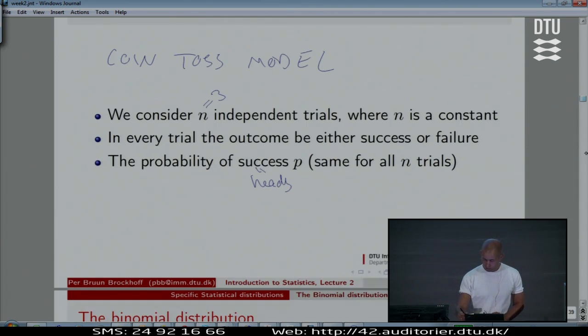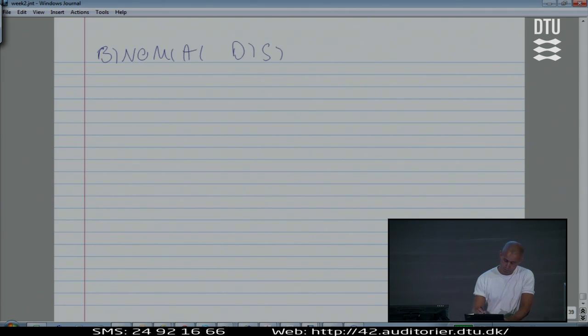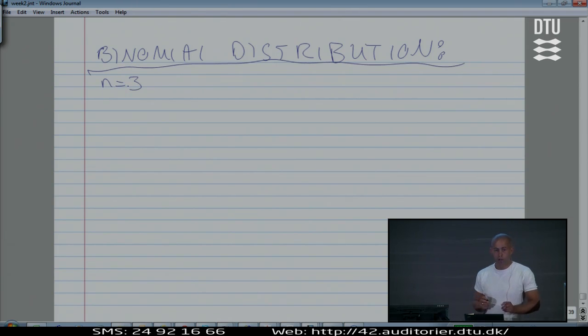I'm going to go down to the bottom and use a bit of writing here. Binomial distribution. We throw a coin 3 times.